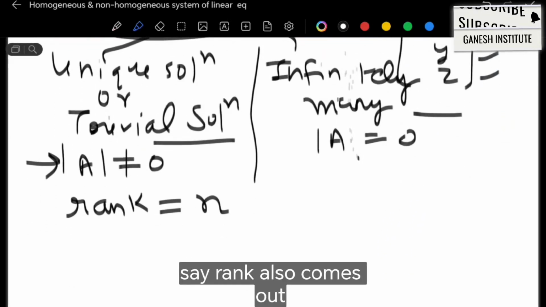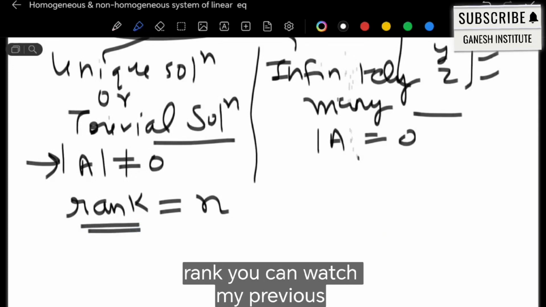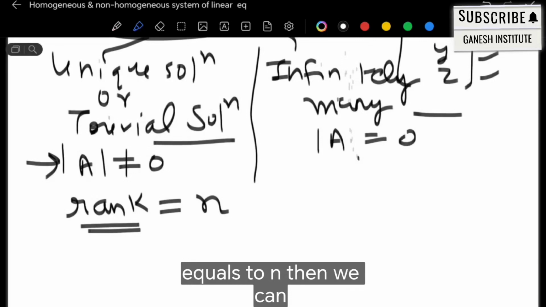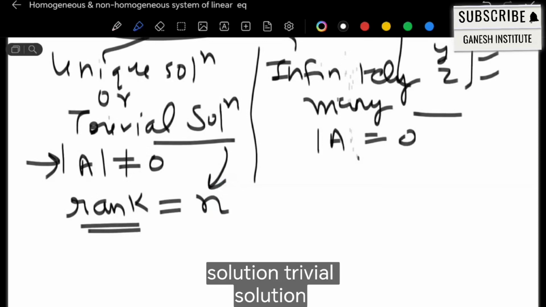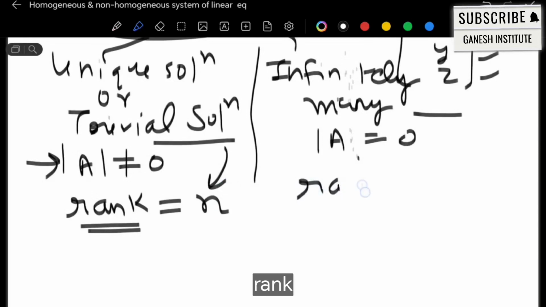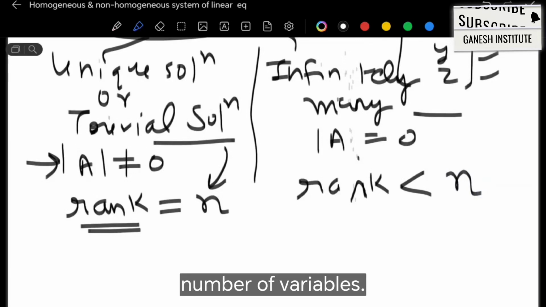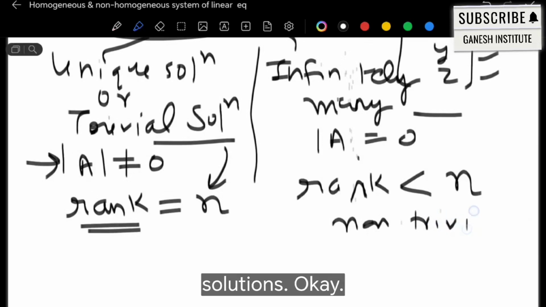And let's say rank also comes out as 3. You know how to find rank? You can watch my previous videos to understand it. Now if rank equals n, then we can say that the system has only a unique solution, the trivial solution. And if the rank is less than the number of variables, then there are non-trivial, many solutions.